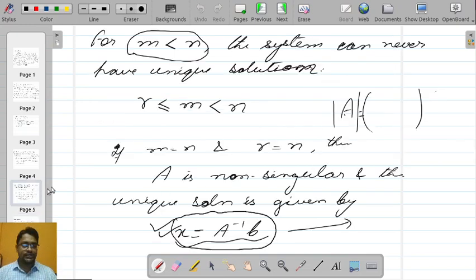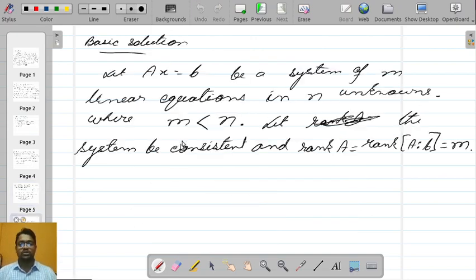Our intention is that I want to find an m by m submatrix from the coefficient matrix, such that I can write the solution in this form. So is it possible or not? Let the system be consistent and rank of A equal to rank of AB equal to m.